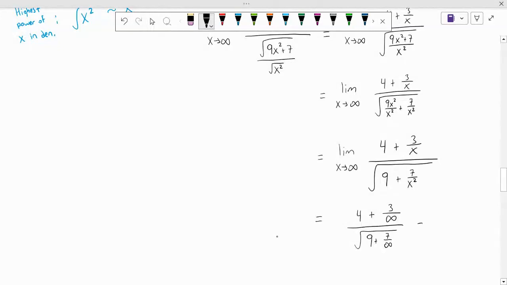So altogether, we're going to get an answer of 4 over the square root of 9, or 4 over 3 from this. So that tells us that y equals 4 over 3 is a horizontal asymptote of our function f of x.